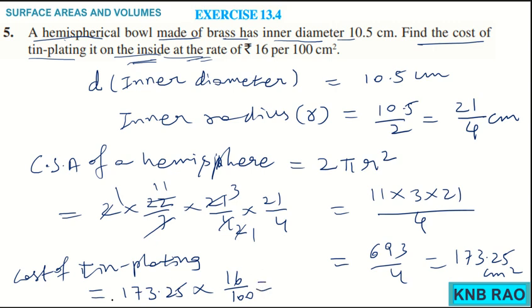So, you have to multiply by 16 and divide it by 100, which gives 27.72. This is the rupees, how much you have to pay. This is the cost. Okay. So, this is how we solve this question. Now, we shall move on to the question number 6.